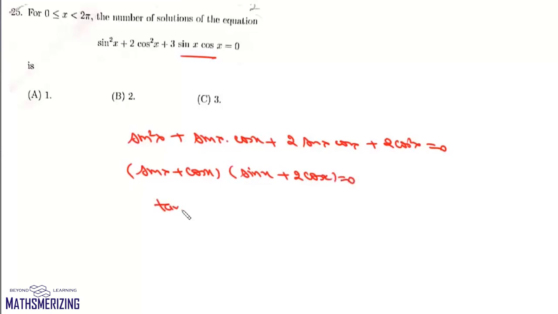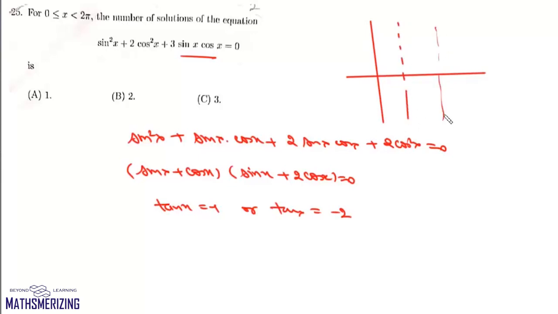That is, either we'll get tan x as -1, or we'll get tan x as -2. Now between 0 and 2π, we have this graph. If we draw lines at tan x = -1 and tan x = -2, they will intersect this graph at 4 points. So the number of solutions is simply 4, and that's your option D.